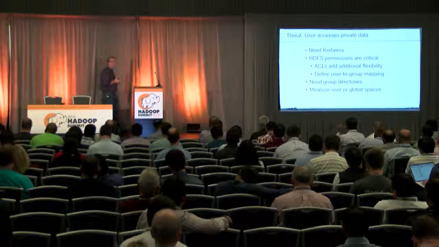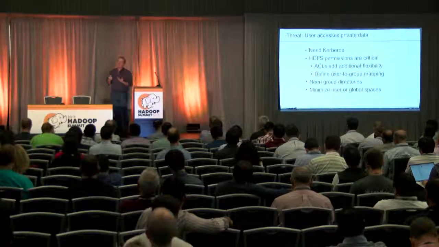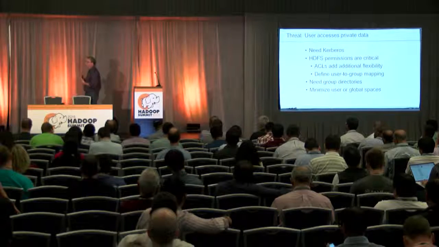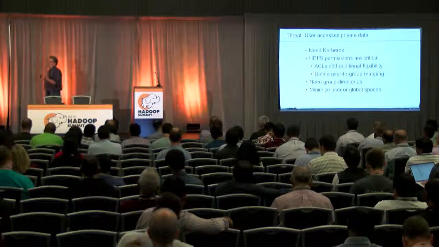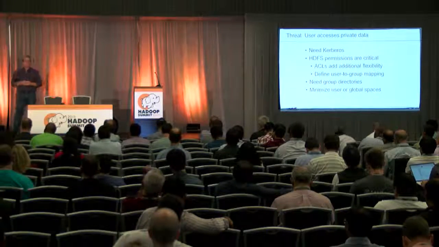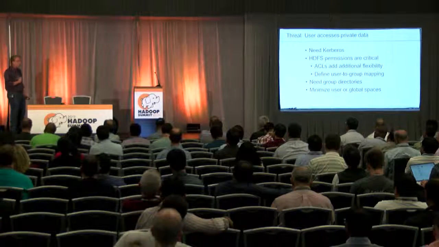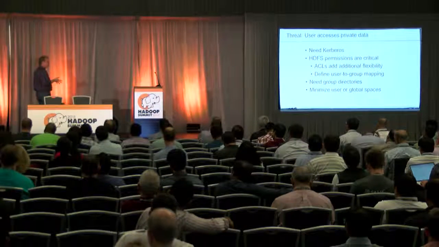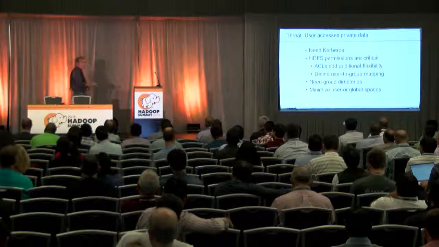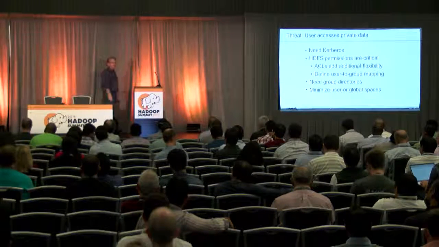One of the pieces that also comes up often is that system administrators want to define specialized roles. They want to define special capabilities. And Hadoop actually has a plugin that lets you do this. That's the user-to-group mapping.